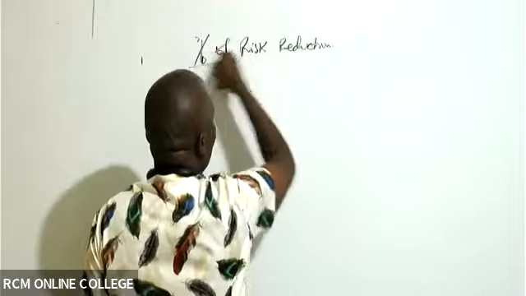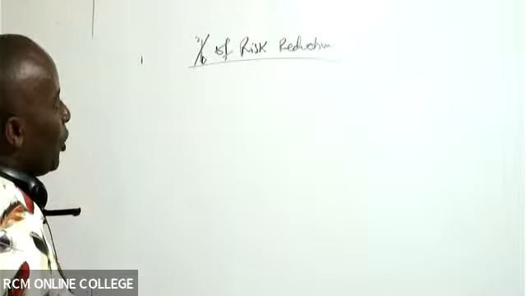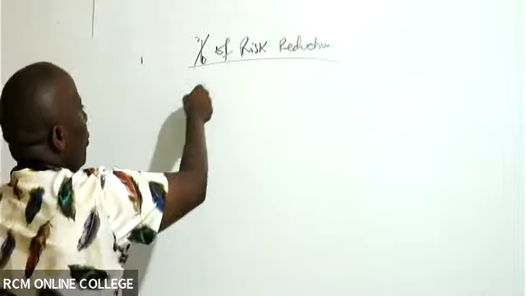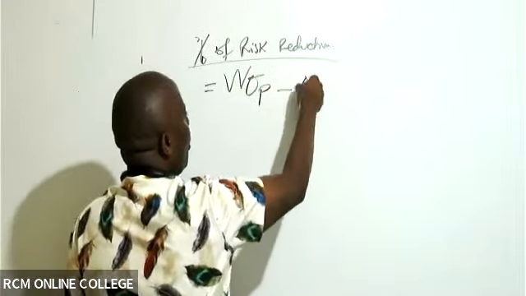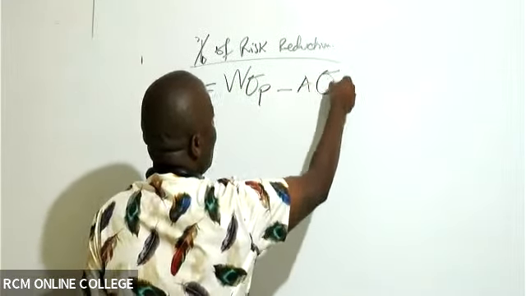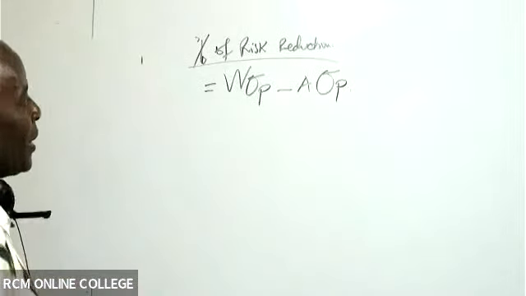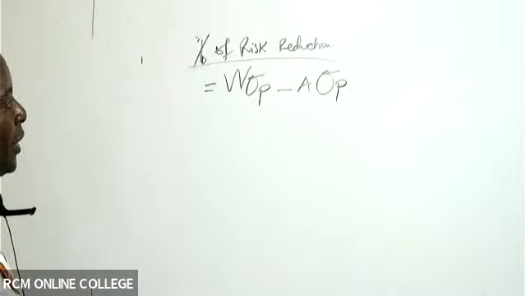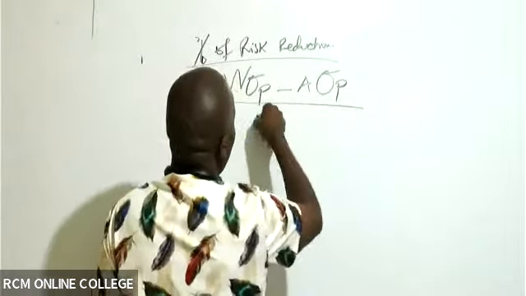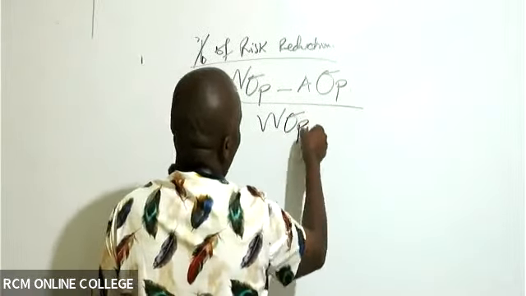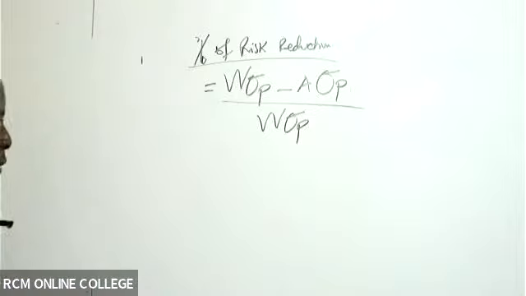To get this percentage of risk reduction, we take the weighted standard deviation of the portfolio minus the actual standard deviation of the portfolio, all over the weighted standard deviation of the portfolio.